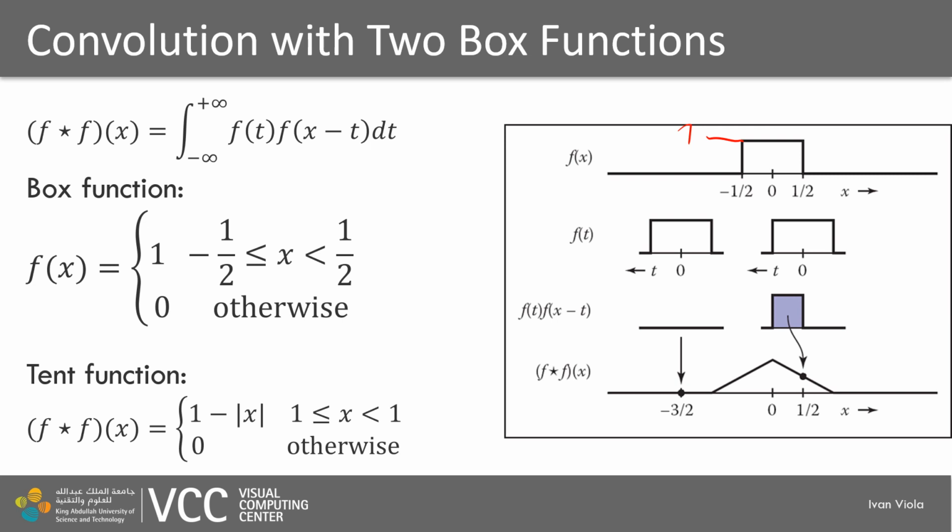So the radius is 1/2, and this is equal to 1. The filter kernel has an extent of 1, and everywhere else it is equal to 0. So this is an obvious box function.